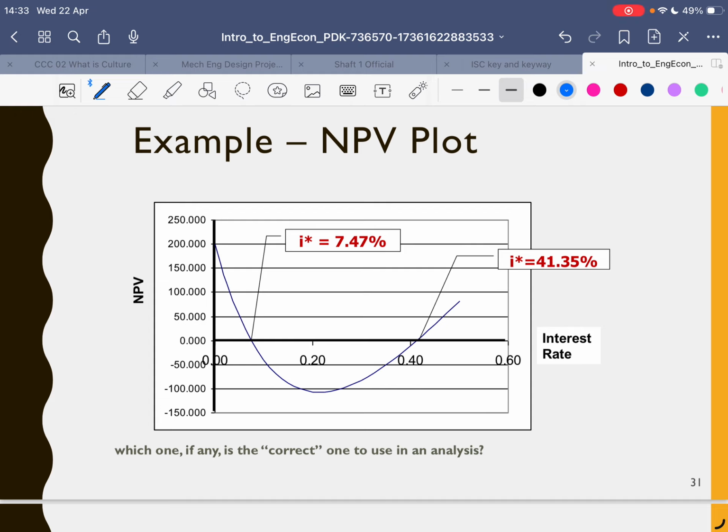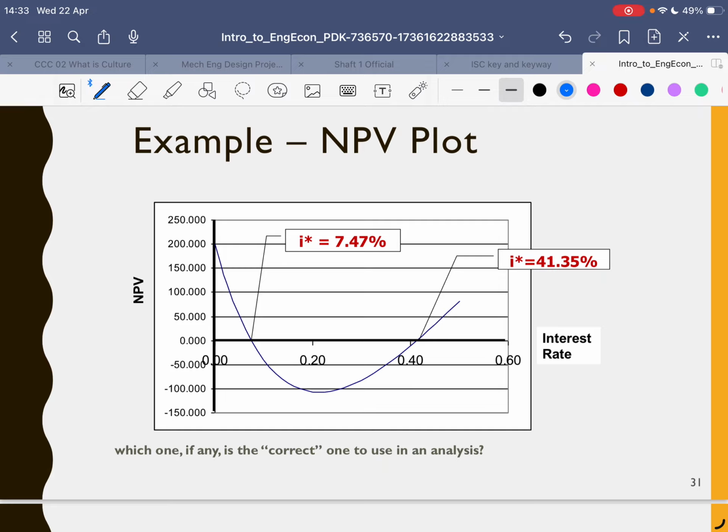We compare by present value, by annual worth, by IRR, and another method is payback period. Payback period is the length of time it takes to recover the cost of investment, or the length of time an investor needs to reach a break-even point. A shorter payback period is more attractive, while a longer payback period is less desirable.